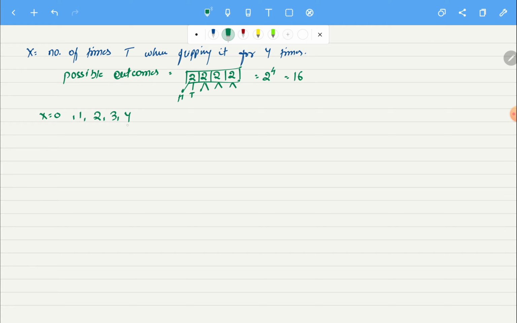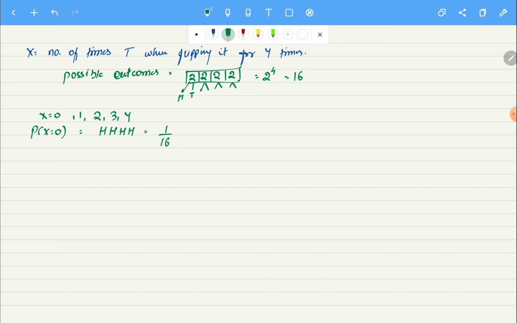There's also a chance that all the times we will get tails. So that's what we have right now. If we try to find x equals 0, in how many scenarios will we have 0 tails? There will be only one possible case where we get all heads, so basically just one. So this will be 1 by 16.